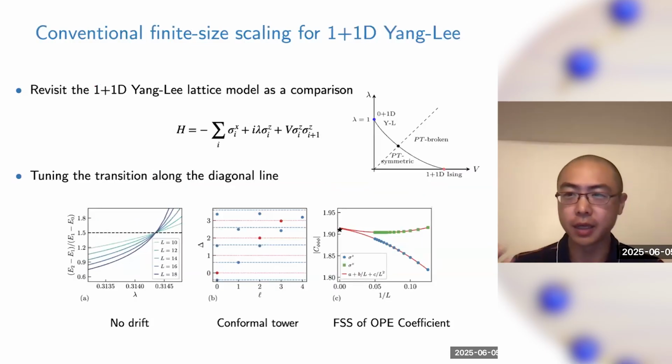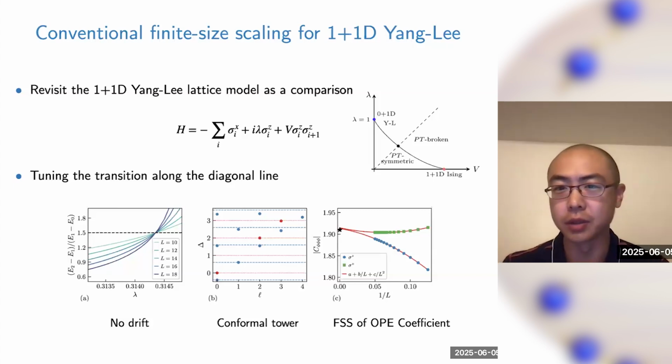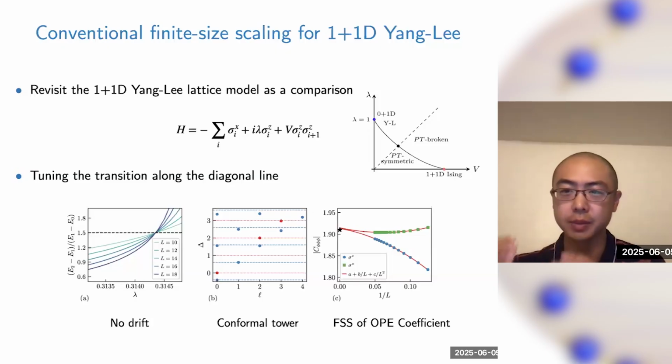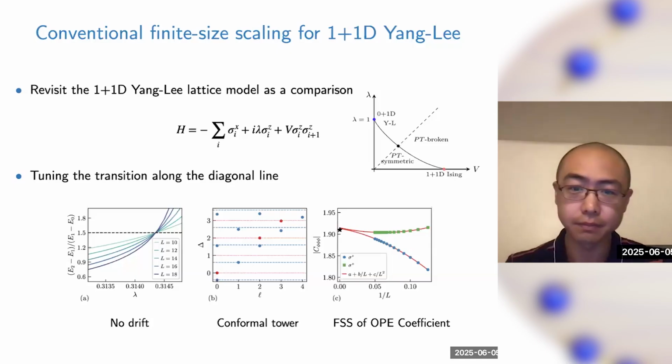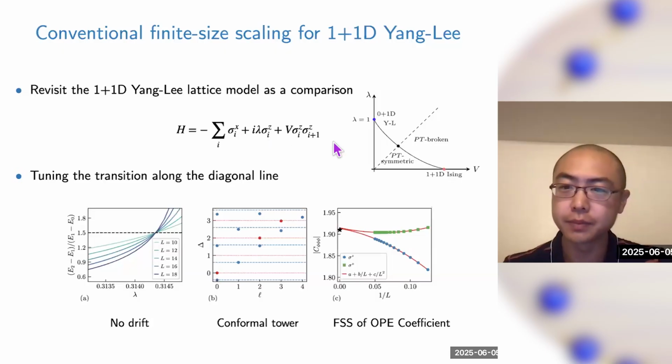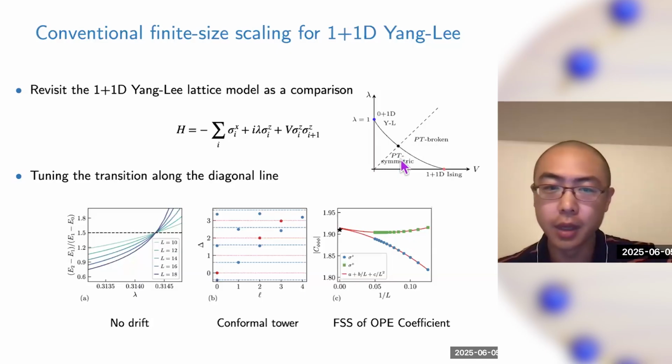But before stating our resolution, let me revisit the 1+1D Yang lattice model as a better comparison between the two setups. Maybe it suggests something. So here is again the Hamiltonian for the 1+1D Yang problem, with this phase diagram.